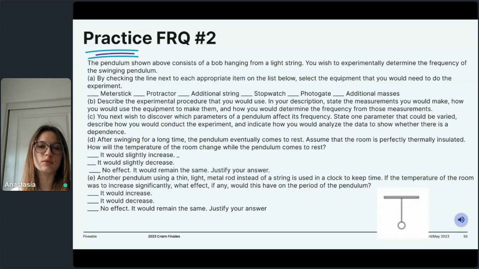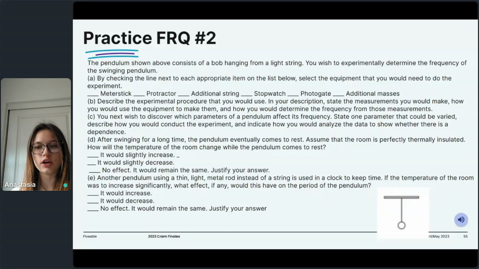And you are going to be selecting one of the equipment pieces to try and determine the frequency of the swinging pendulum. So think about the equations that we talked about, and how that relates to time.